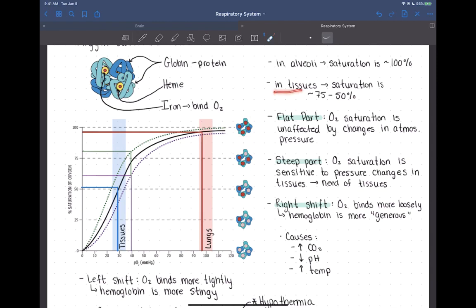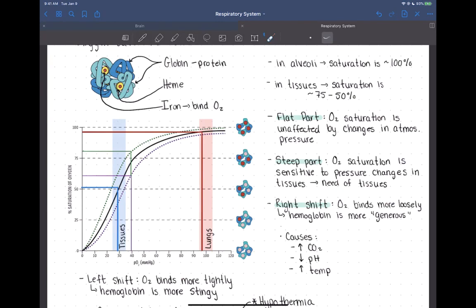And then in the tissues, where the tissues are in need, it's interesting because if we look at around 40, which is what we were looking at with our tissues, we can take that up, and that will be right around 75%, close to 75%.